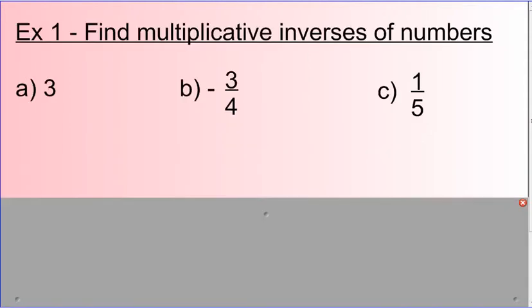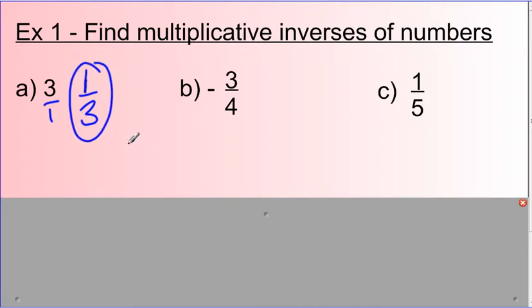Okay, so let's start off easy by just practicing this multiplicative inverse, this reciprocal. If you have any number, and it's not a fraction, turn it into a fraction. Now it's a fraction, and we flip it, so this becomes 1/3. That is the reciprocal.